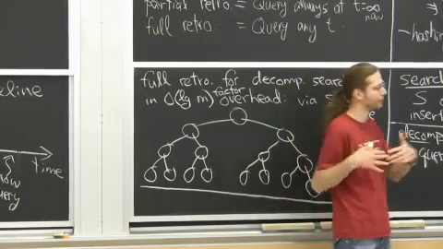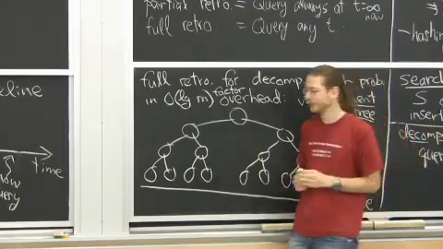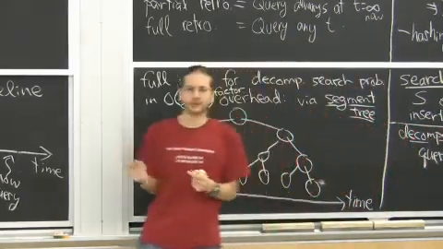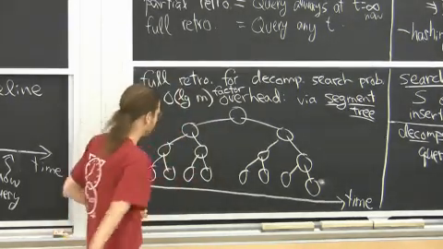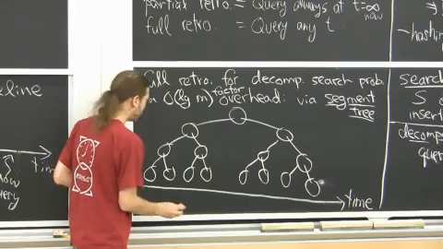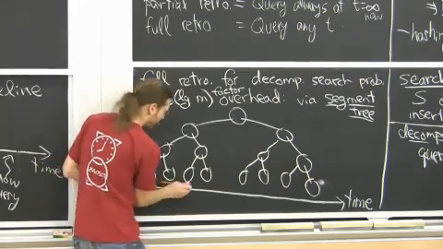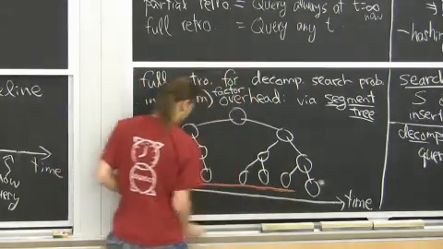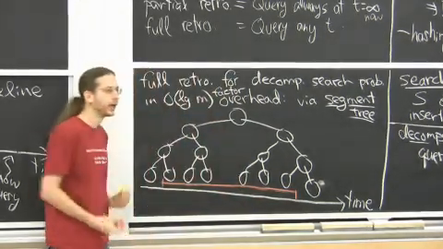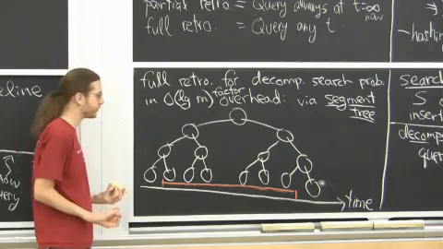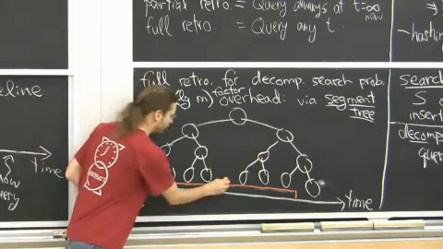Otherwise, if it happens multiple times, think of them as different elements. Then every element exists for an interval of time. So for example, maybe I have an element that gets inserted here and then gets deleted here. How should I represent that interval in my tree? Let's call this element A.